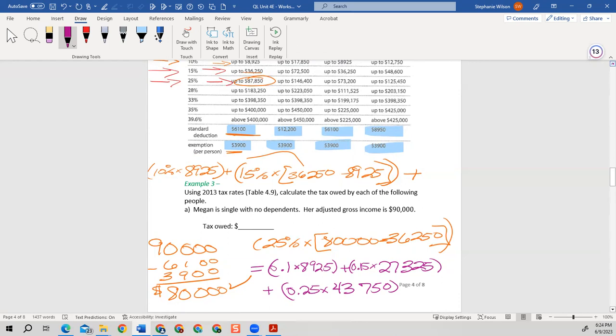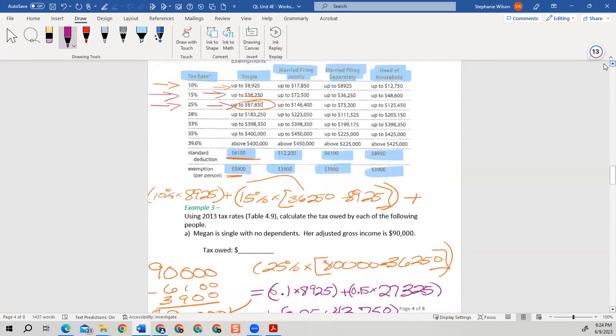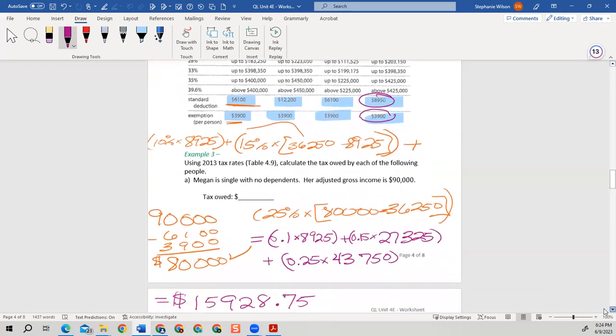Head of household. What is head of household? It's this last column. So at this time, the standard deduction is $89.50, and exemptions of $3,900 per person on the tax return.